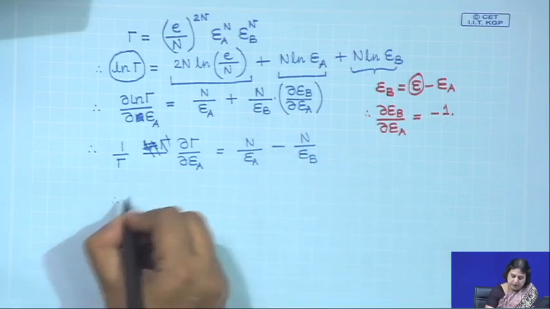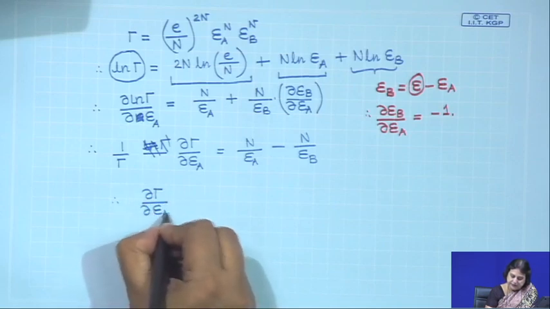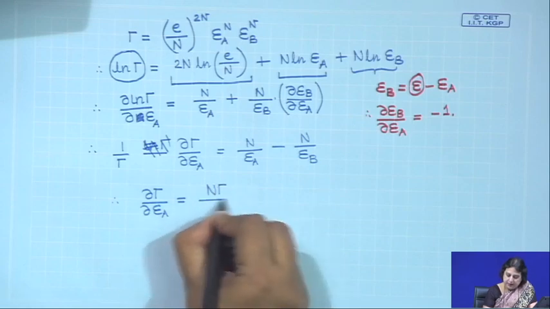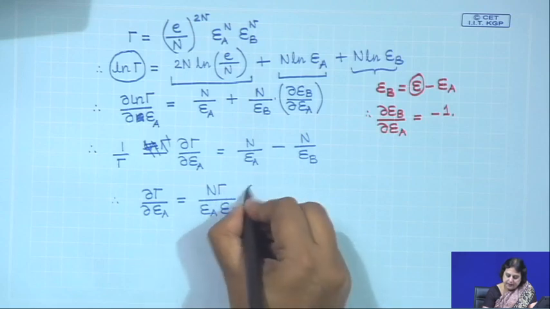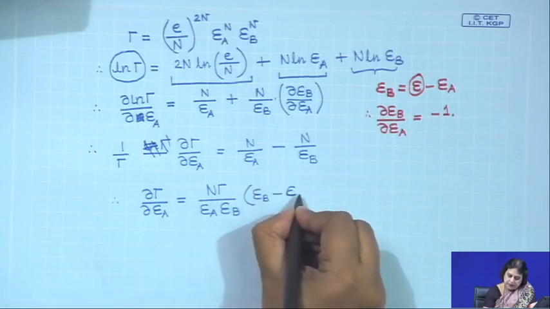So, if I do a little bit of algebra, what I am going to get is N gamma divided by epsilon a into epsilon b, times (epsilon b minus epsilon a).